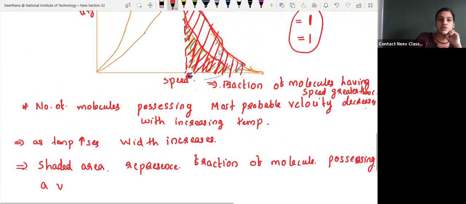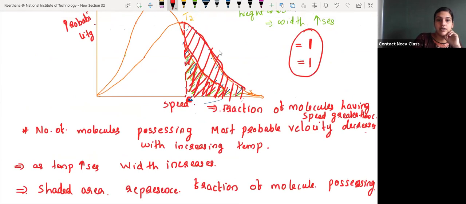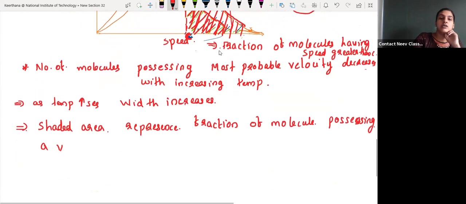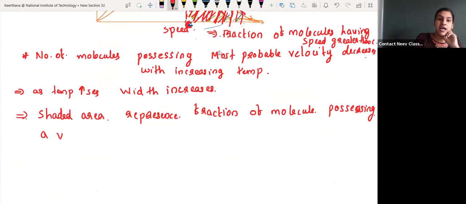You should draw these two curves and this shaded area, and you should denote it as c. After that only you should write this: shaded area represents fraction of molecules possessing a speed greater than c.